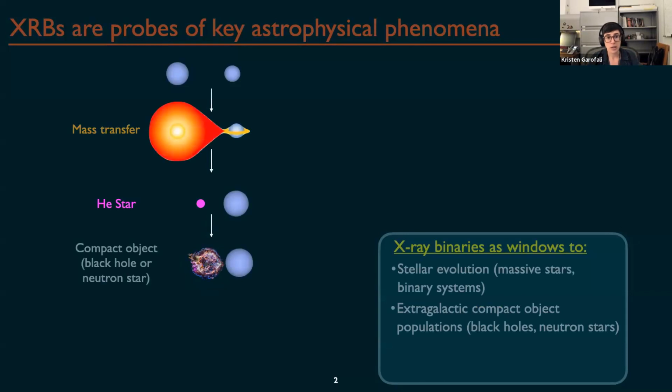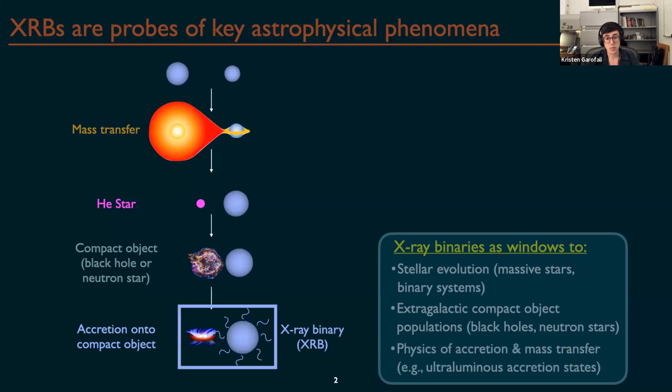And these are really key astrophysical probes of phenomena like stellar evolution for massive stars, the processes that govern evolution in binary systems, obviously extragalactic compact object populations, so our stellar mass black hole demographics, neutron star demographics across different galaxy types.